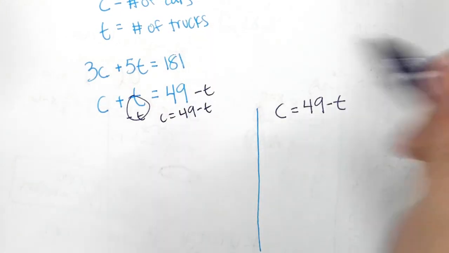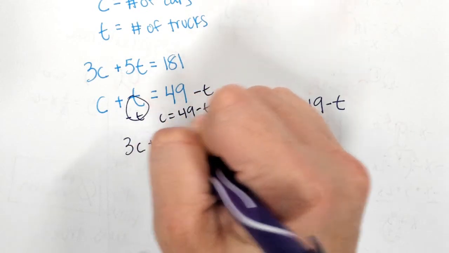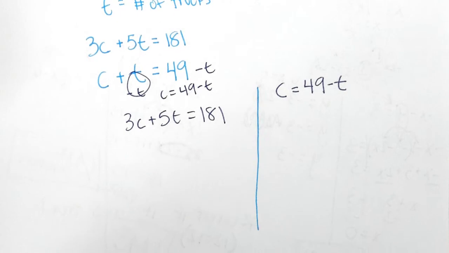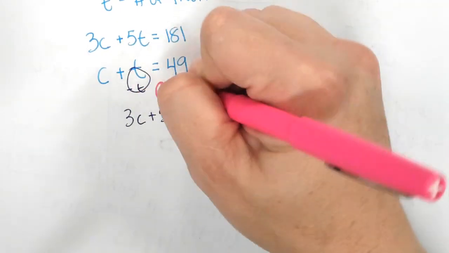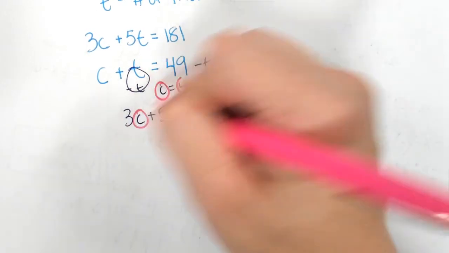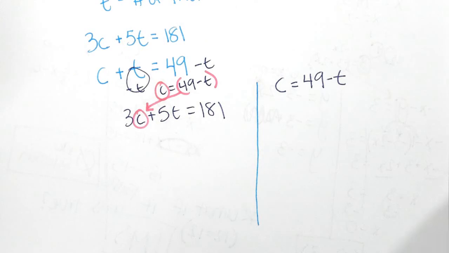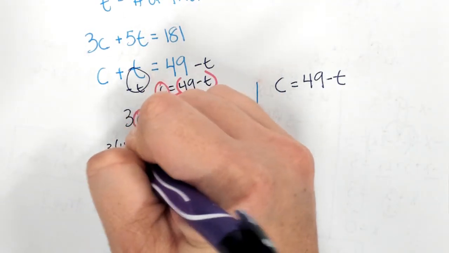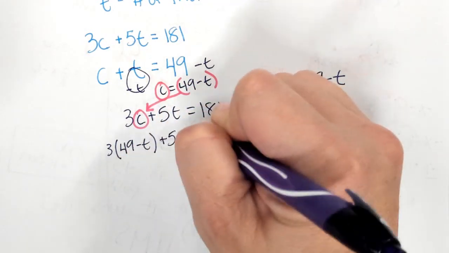And my equation that I didn't use is 3C plus 5T equals 181. Now I know C equals 49 minus T, so I'm going to replace C with 49 minus T. And that leaves me 3 times 49 minus T plus 5T equals 181.